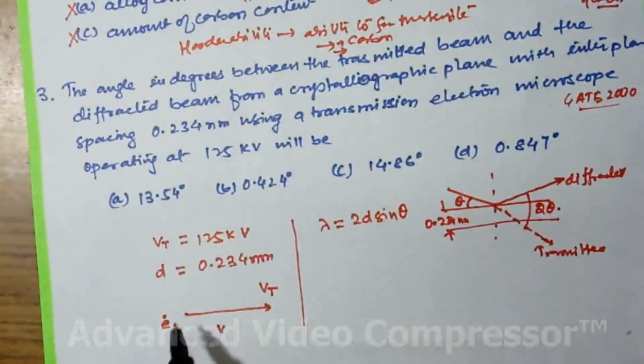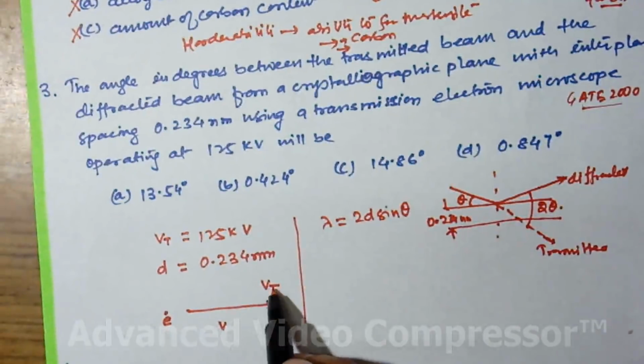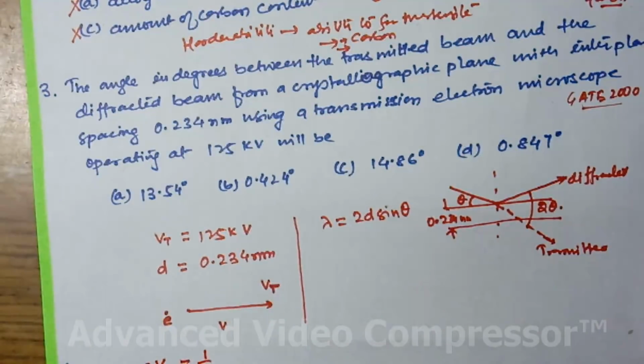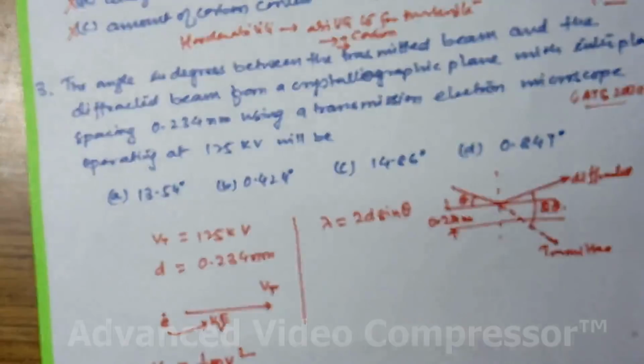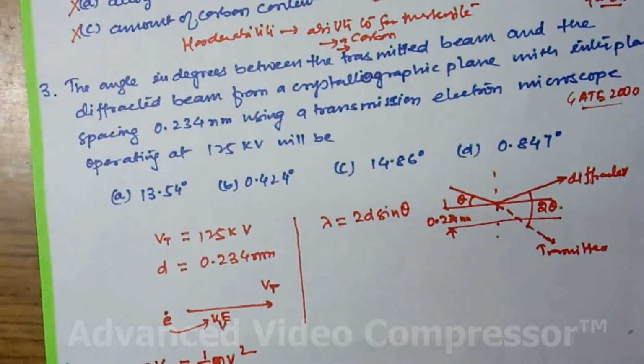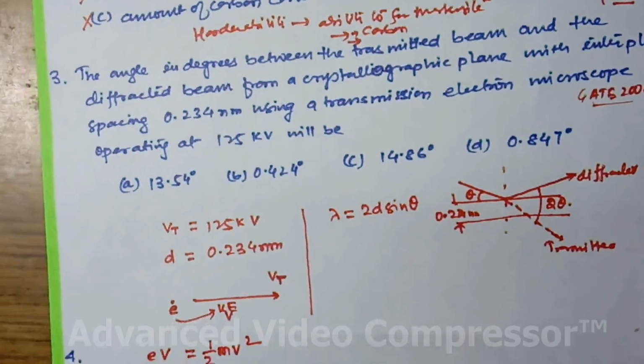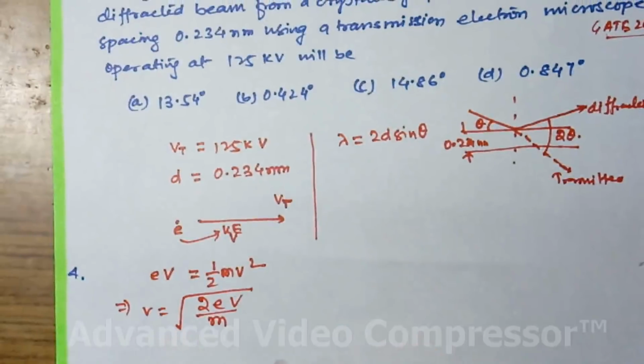Now, since electron is accelerated with potential V, we know that eV is equal to half mv squared, because this voltage gives some energy and this energy is converted into kinetic energy. So from here v is equal to the square root of 2eV by m. M is the mass of the electron.